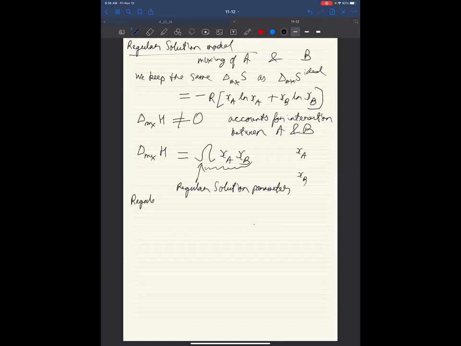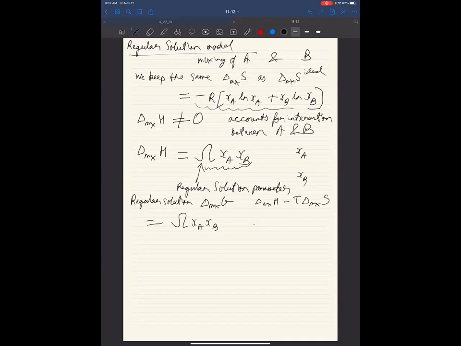So regular solution, delta mix G can now be written as omega XA XB. So what is delta mix G? It is delta mix H minus T delta mix S, right? And we have S over here. Do I have the right expression for S?